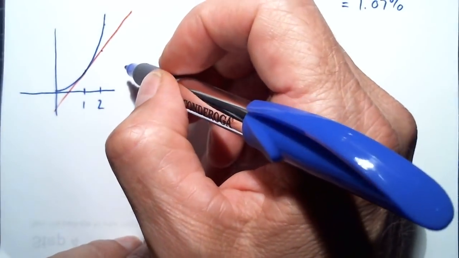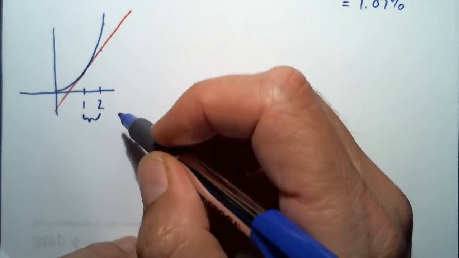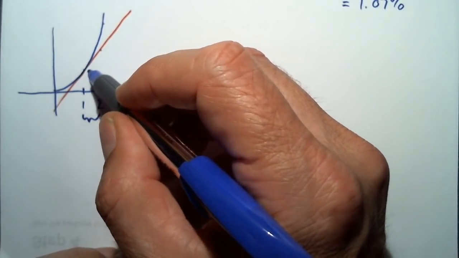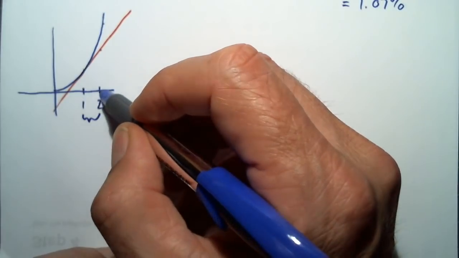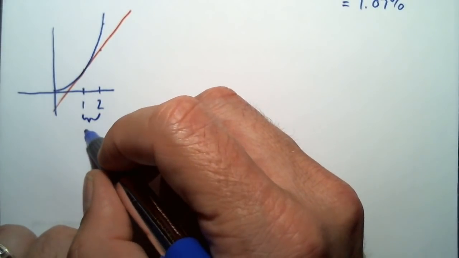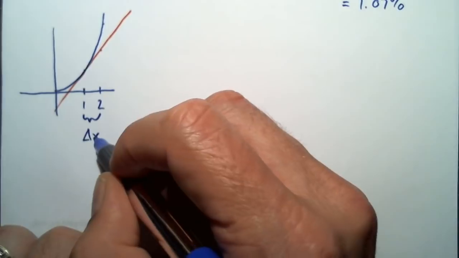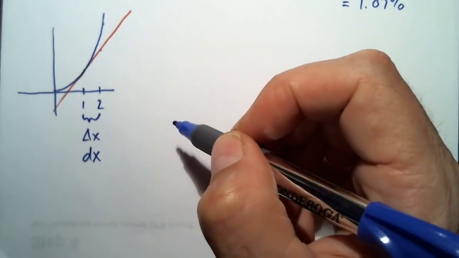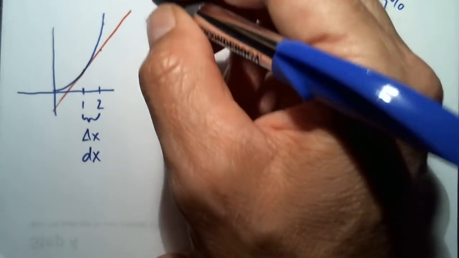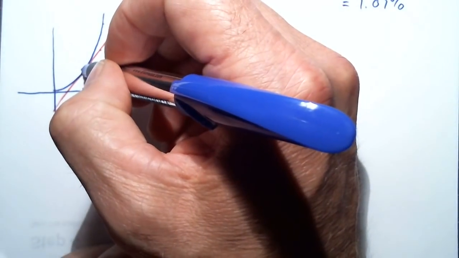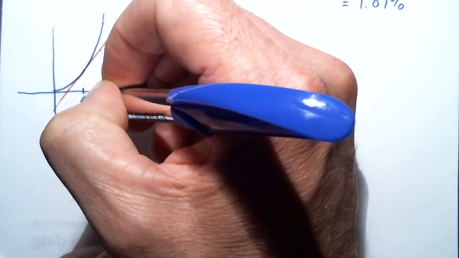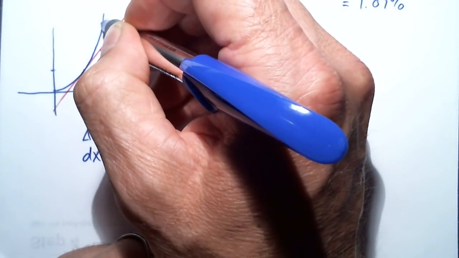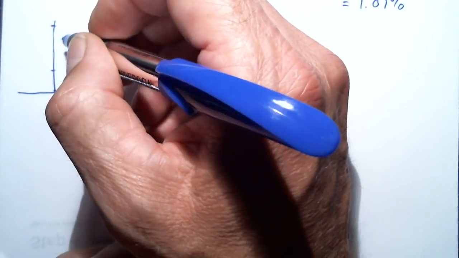All right, so we have the point of tangency and how far we go out away from the point of tangency. Here we would call this the change in x. It's also dx. Now up here we have at the starting x value the starting y value, and at the ending x value the ending y value.